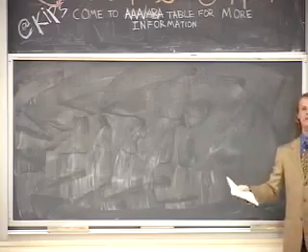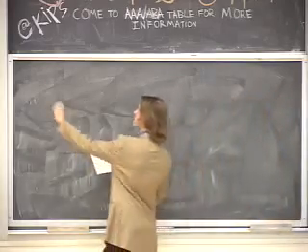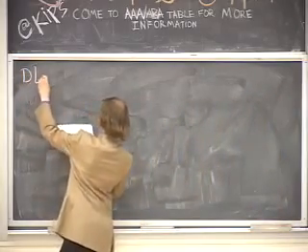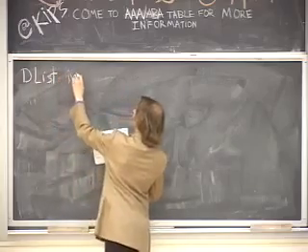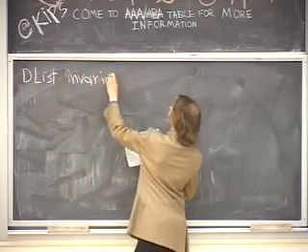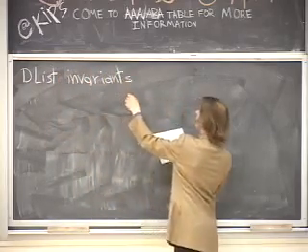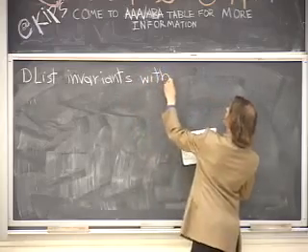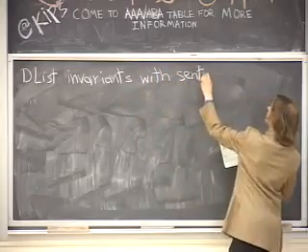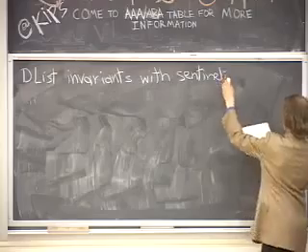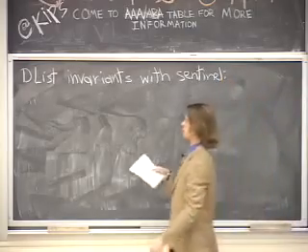All right, now that we've got this dlist with the sentinel, we can write down some invariants for it. And it's actually got quite a few invariants. The sentinel makes those invariants a little bit simpler than they might have been with the original dlist version 1.